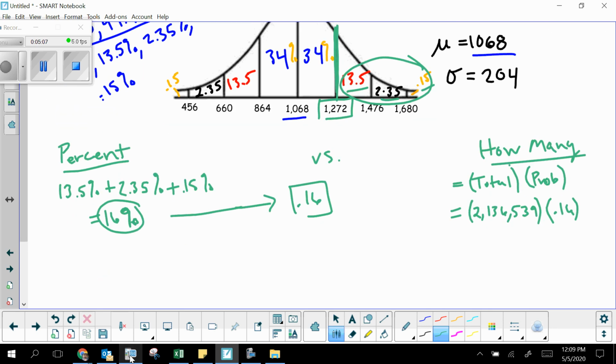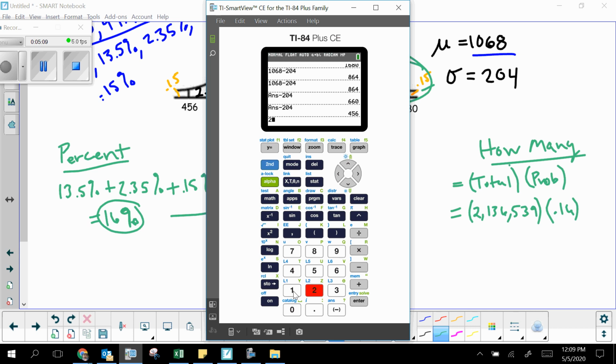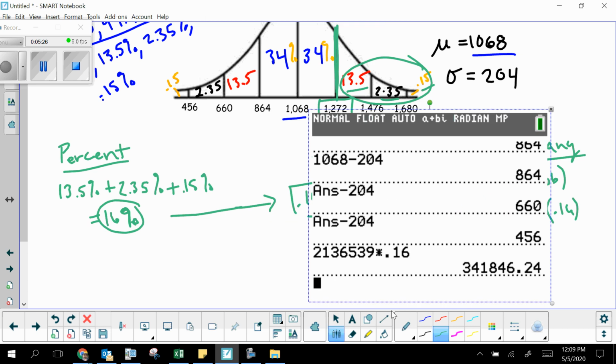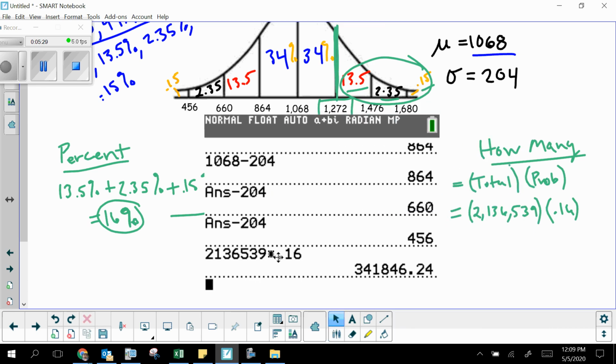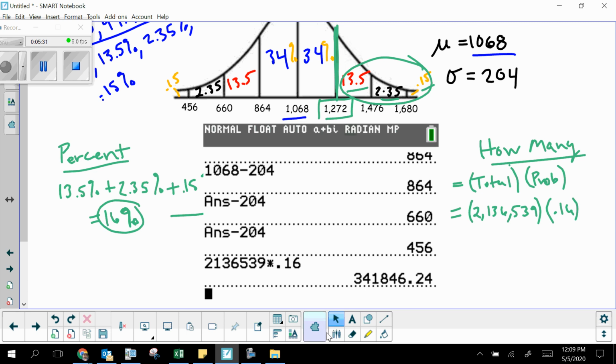And so that's going to give us 2,136,539 times 0.16, approximately 341,846. And you can't have 0.2 people take the test. So what this data is telling us essentially is that we can say that around this many people took the test.